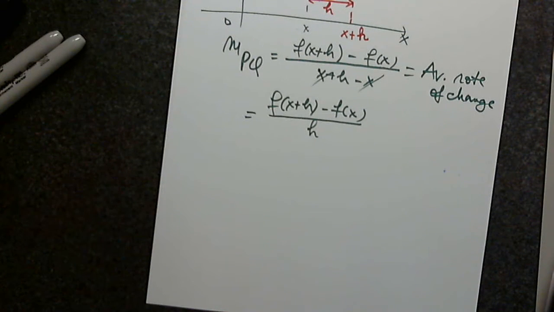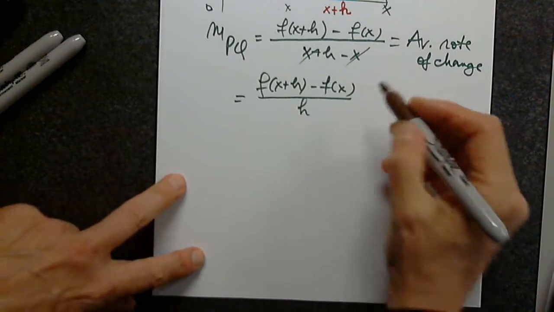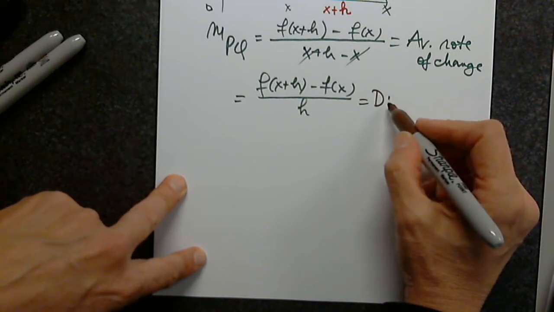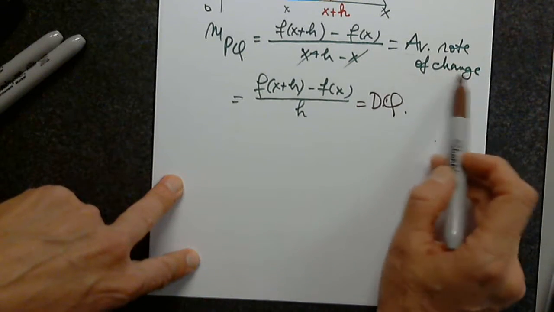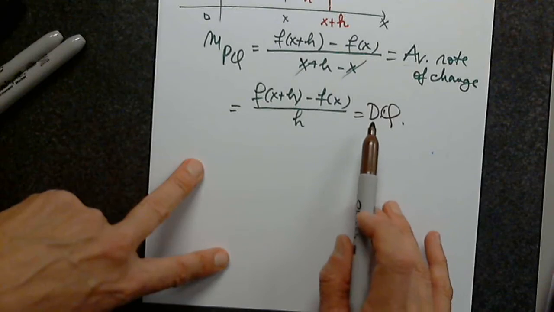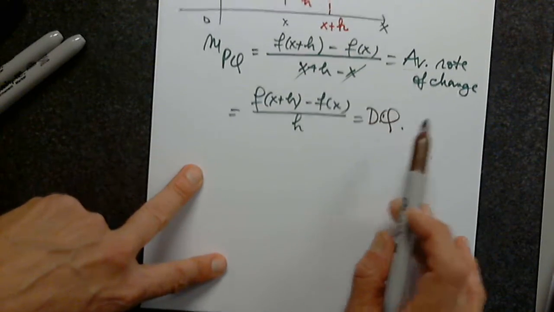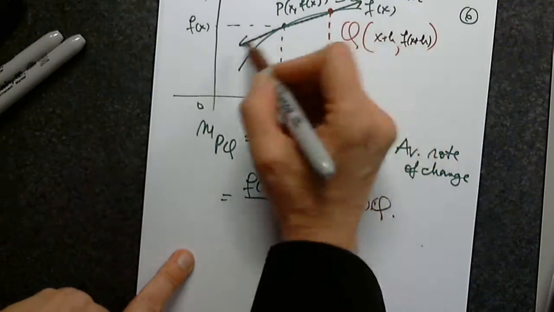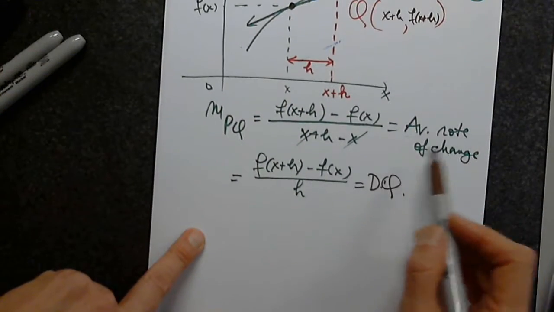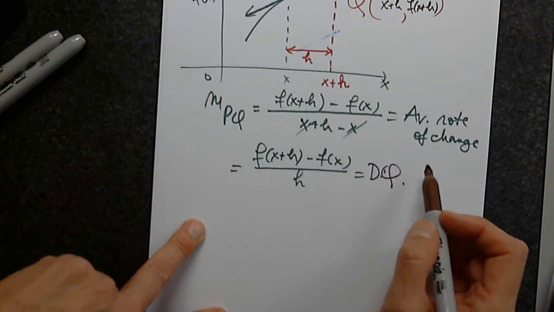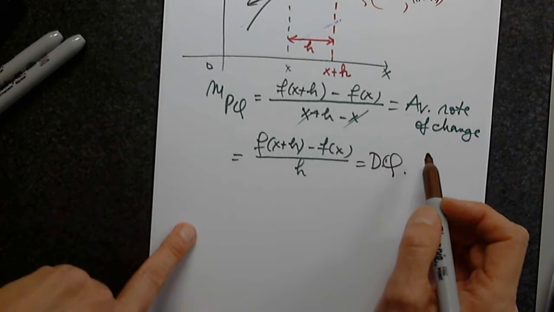So the difference quotient, let me write it, is nothing else but the DQ. So the average rate of change is the difference quotient, the average rate of change of any function between 2 points.